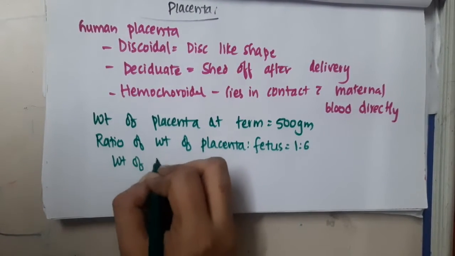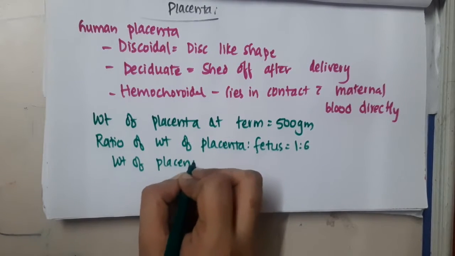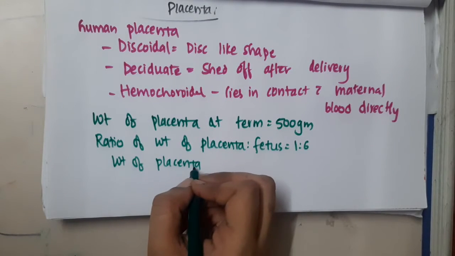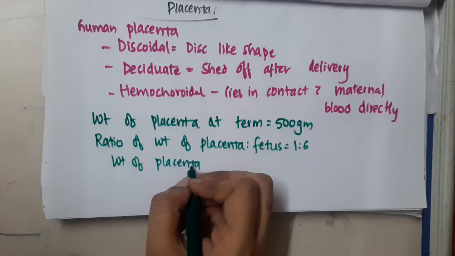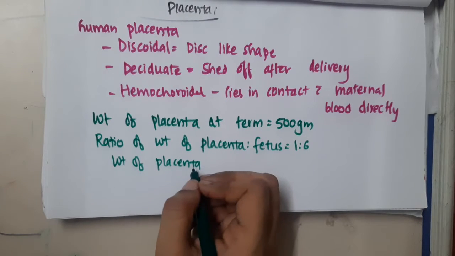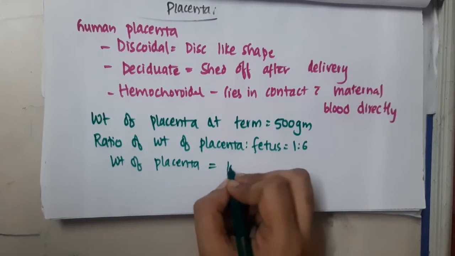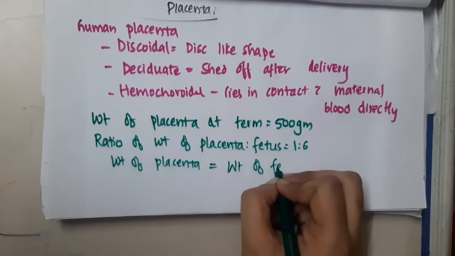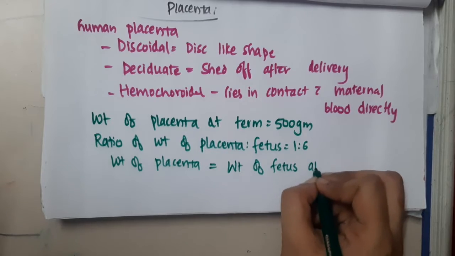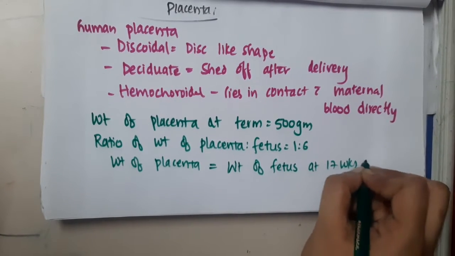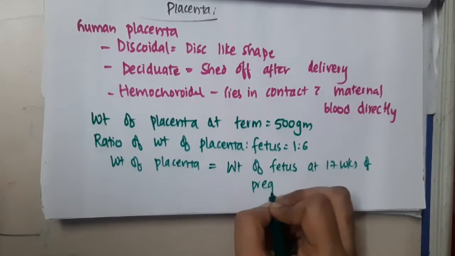Then if you were asked when the weight of placenta is equal to weight of fetus, it is at 17 weeks of pregnancy.